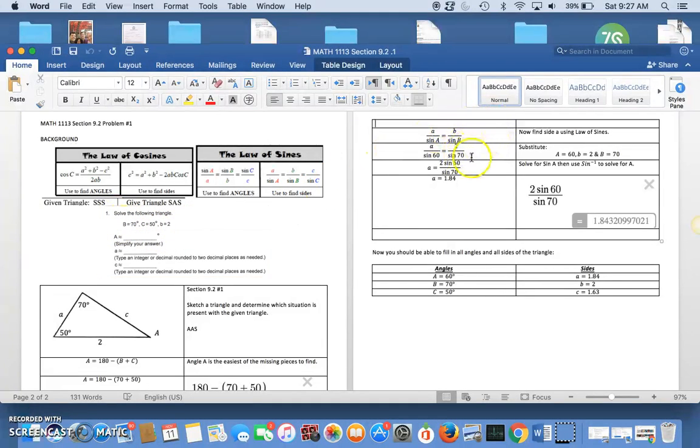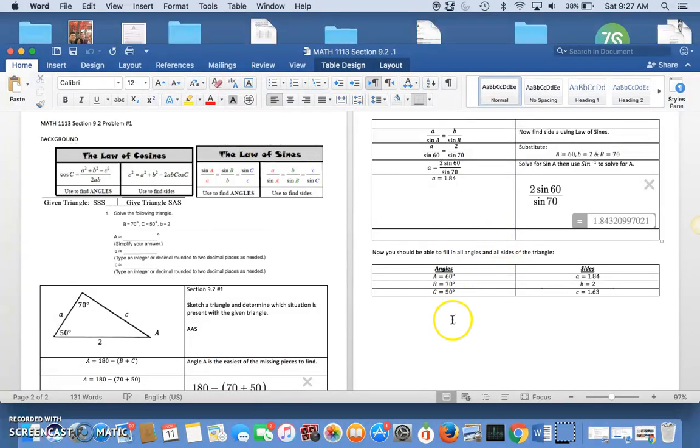Plug in accordingly. Angle A is 60, side B is 2, angle B is 70. We do the cross multiplication and division to get A by itself. Then we go to the calculator, put that information in, and we get the answer for A, 1.84.